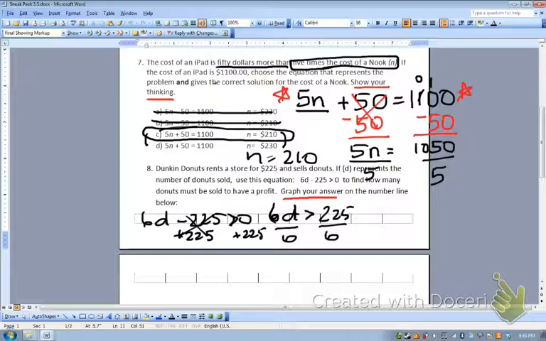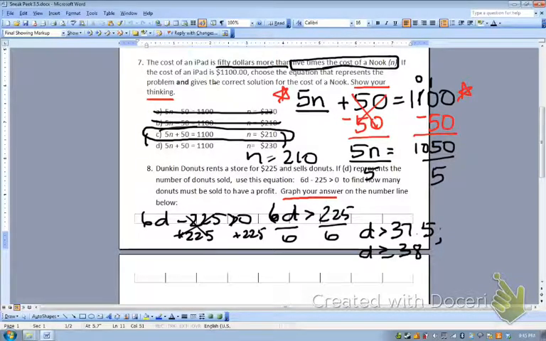And I'm going to get D is greater than 37.5. If you need to see the division, you are allowed to use calculators on the quiz. You divide it out with a calculator. Or, remember, that's not a small j, that's a semicolon. D is greater than or equal to 38.